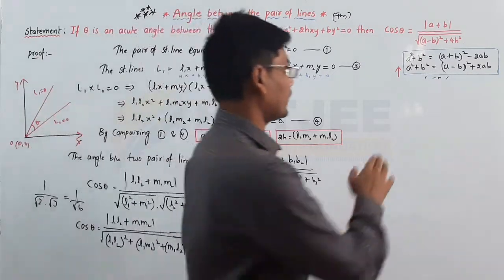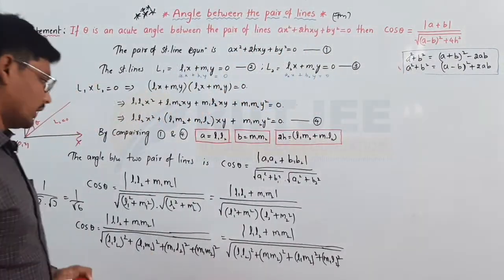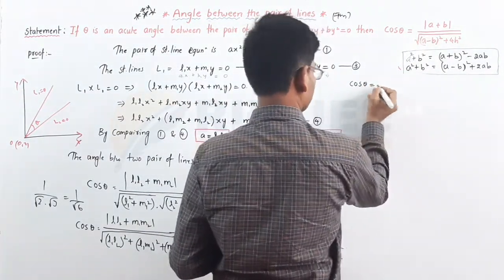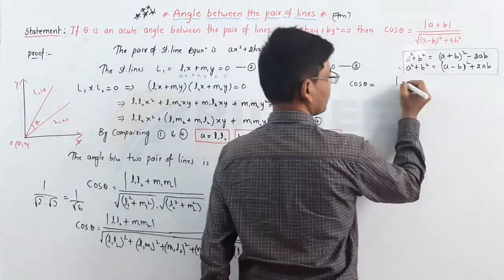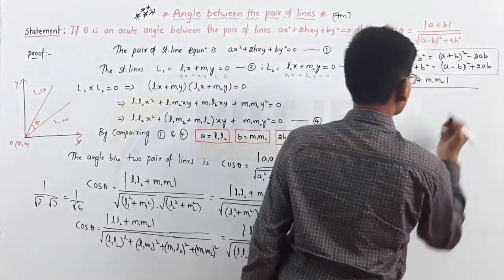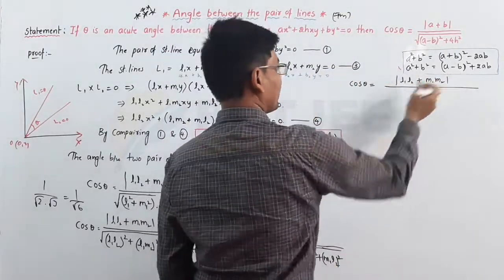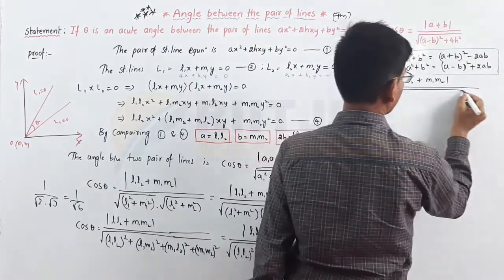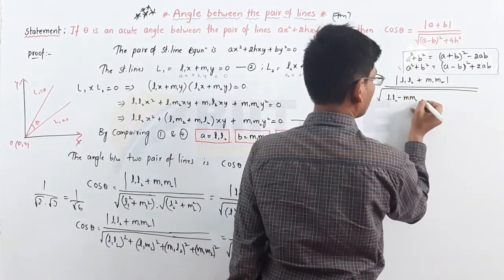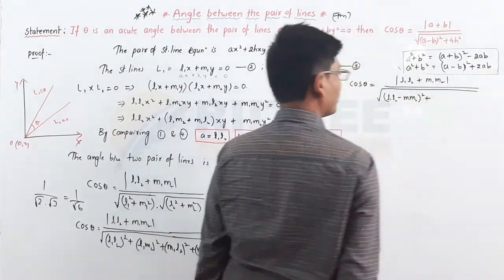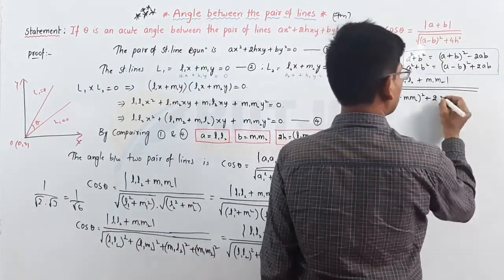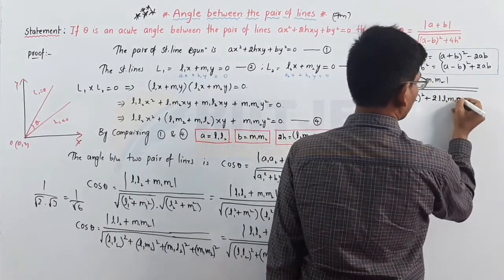So now the continuation step for this one is cos theta is equal to modulus of L1 L2 plus M1 M2 divided by, and I am applying this formula here. So what will happen? Square root of L1 L2 minus M1 M2 whole square plus 2 into L1 L2 M1 M2. 2 into A is nothing but L1 L2 M1 M2.